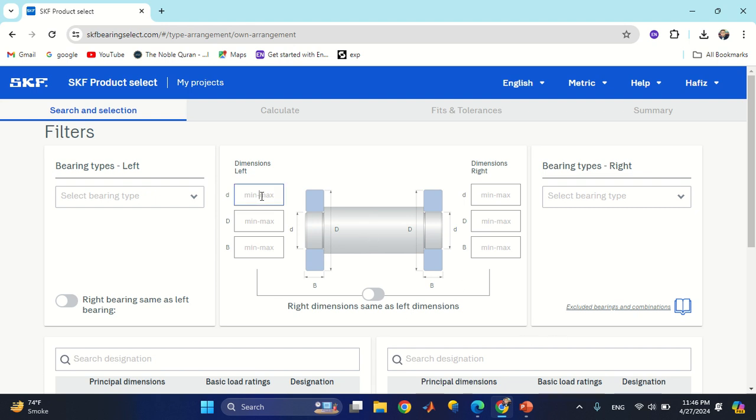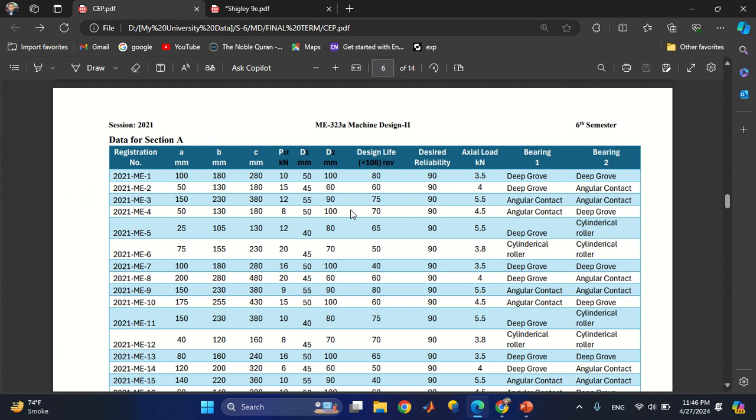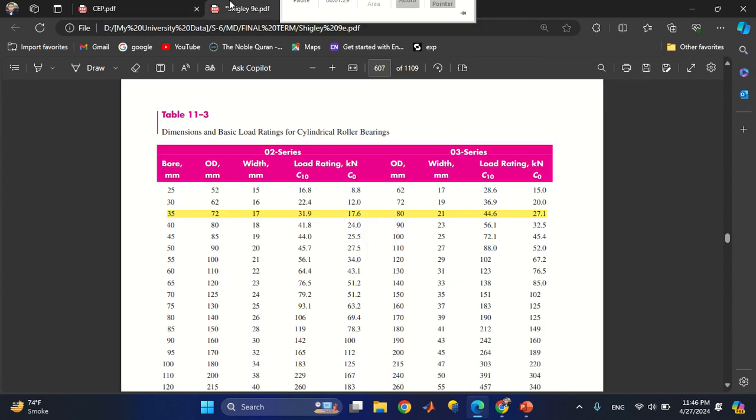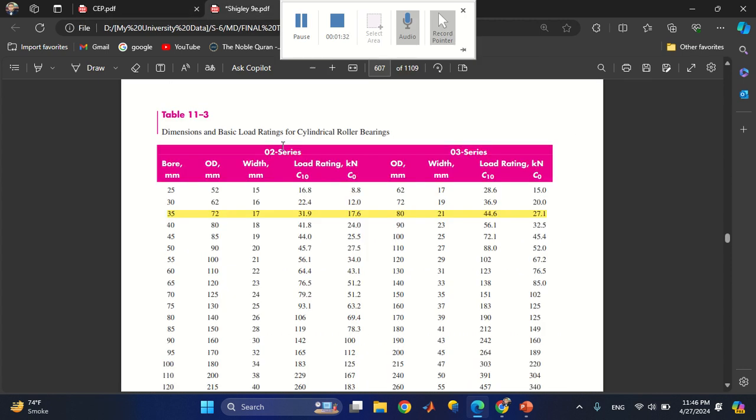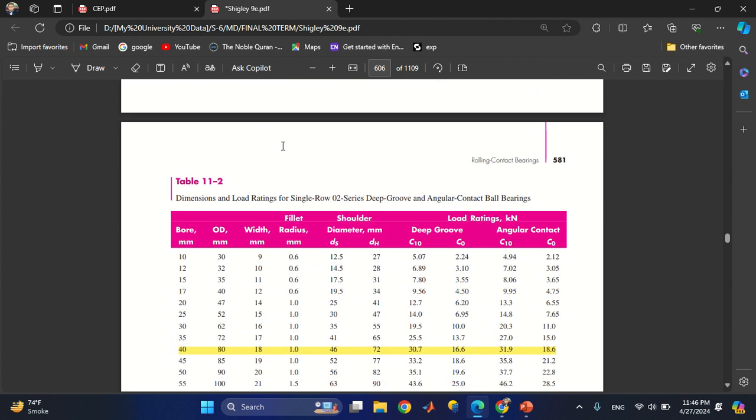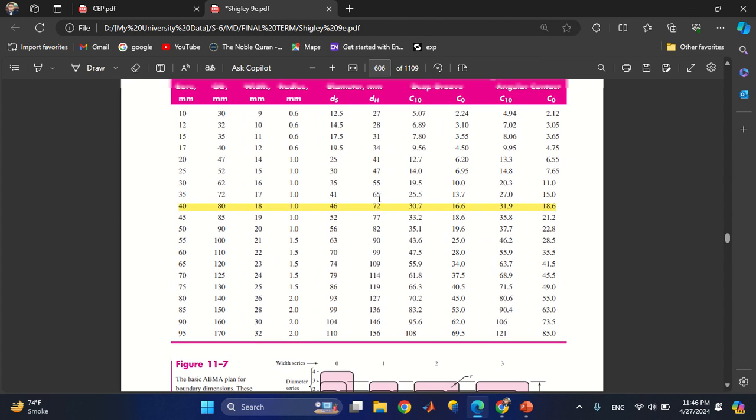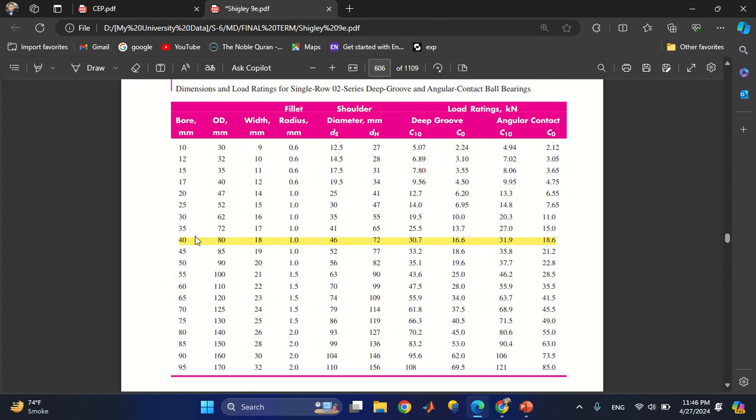Yeah, so I did the analytical calculation, and in the catalog for my deep groove roller bearing, I got the bore diameter, the outer diameter, and the width of the bearing.